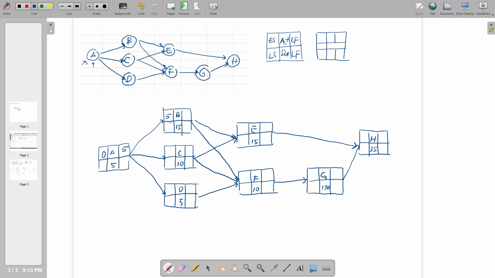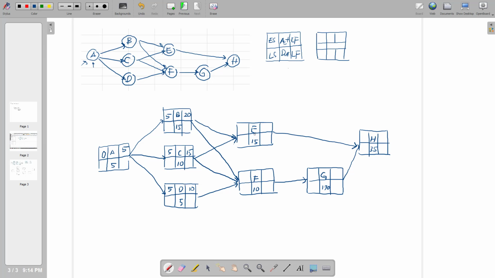Same goes for C and D, so you derive 5 to B, C, and D. That makes the early finish of activity B 20, because 15 plus 5 is equal to 20. Activity C has an early finish of 5 plus 10, which is equal to 15. And you drag it again.